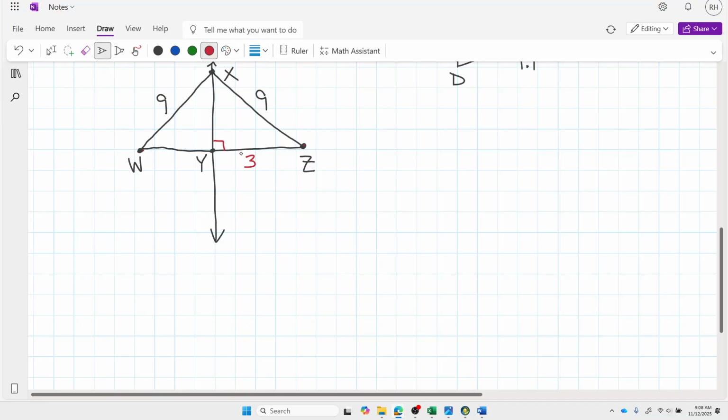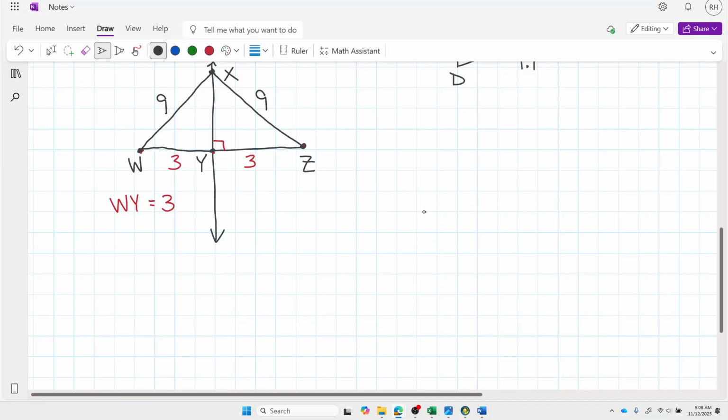It bisects it, right? So if Y to Z is 3, how far is it from W to Y? This would be 3 as well. So W to Y is equal to 3. Get the idea? Yes. Good.